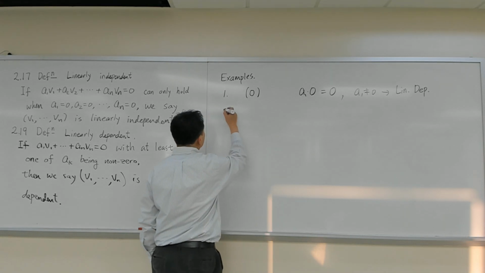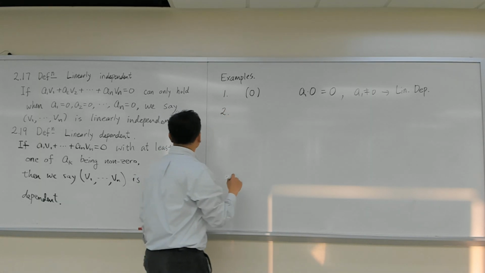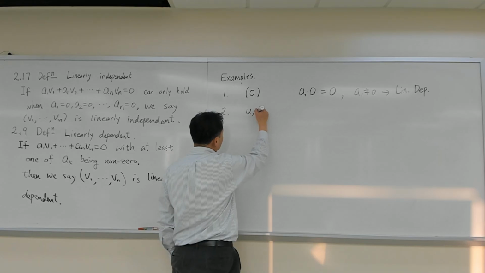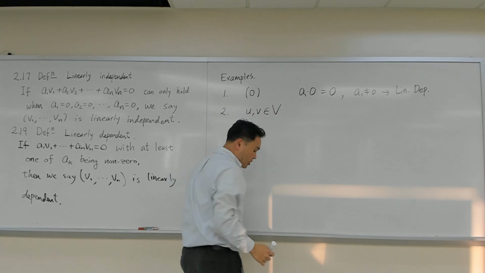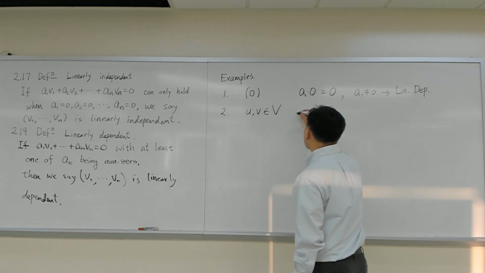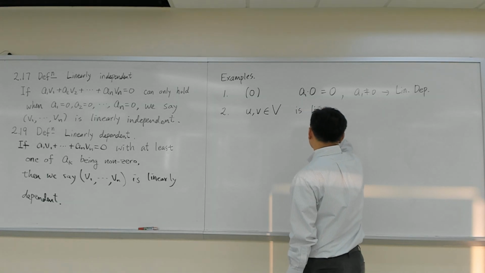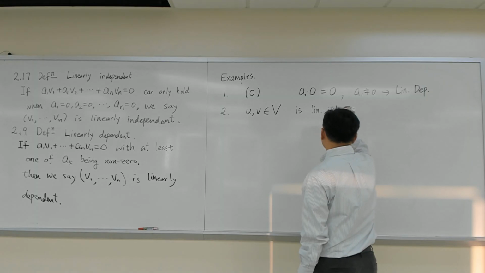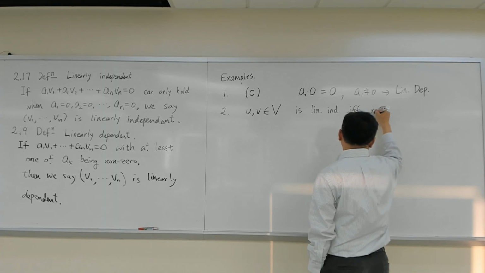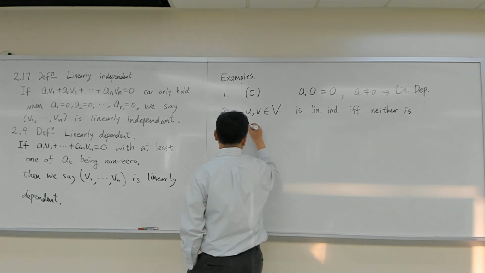Okay. Number two, what if you have two vectors, let's say u and v in the same space. The list u, v is linearly independent if and only if neither is a multiple of the other.